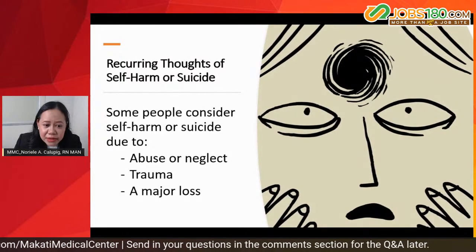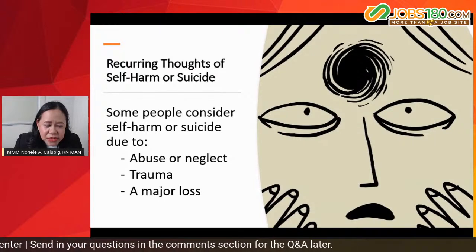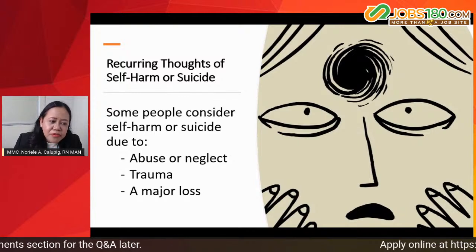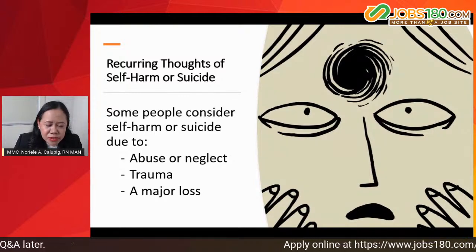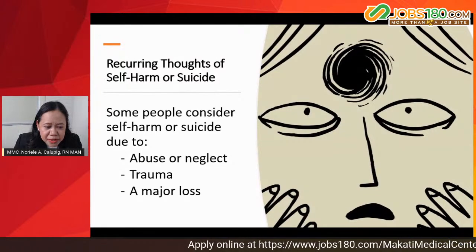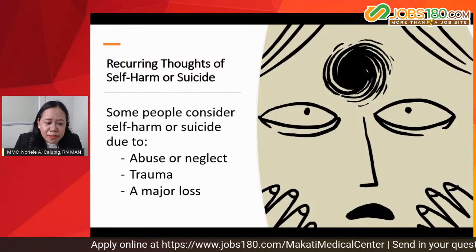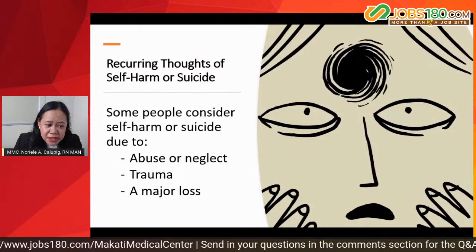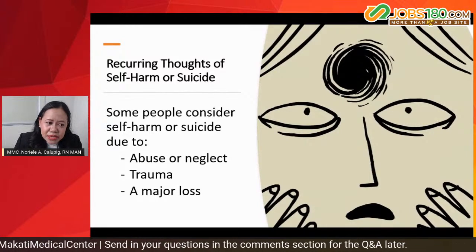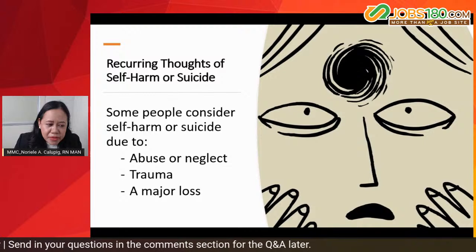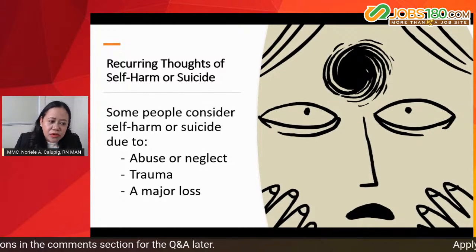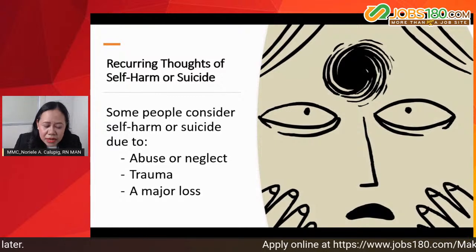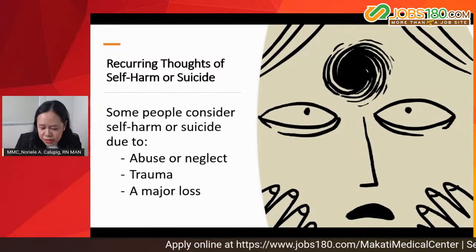Hindi lang sa pang-aabuso, kasama din po dyan yung mga neglect na naiiwan sa bahay, hindi napapakain ng maayos, hindi nabibigyan ng tamang health. Okay? Mga trauma, lalo na sa mga children, yung mga traumatic experience, mga experience from the yaya na hindi natin alam kung paano nagpabalit-palit ng mga nag-aalaga. So minsan may mga unpleasant experience din yung mga bata. And then kasama din dito sa cause ng pag-self-harm ng mga people yung mga major loss, yung mga close na loved ones na biglang nawala, na very close sa kanila, so wala silang pagkakapitan.